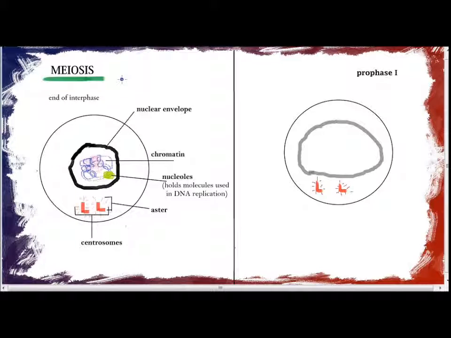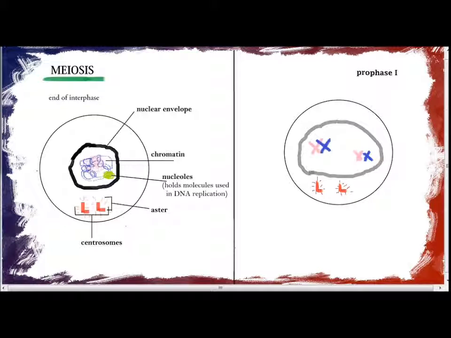And in prophase 1 there's a few things that happen. So your nucleolus disappears and your nuclear envelope begins to dissolve. But there's also something else that happens, and that's called crossing over. And crossing over happens after synapsis happens, which just means that two homologous chromosomes find each other.